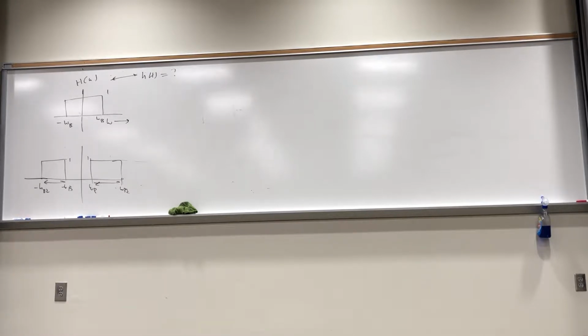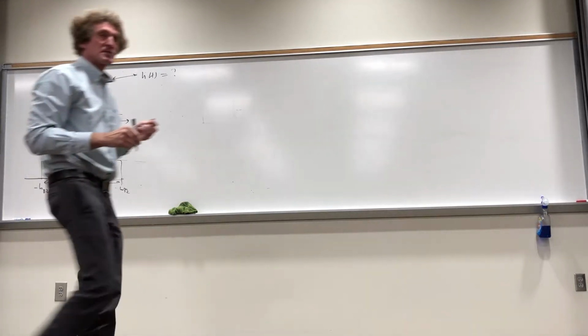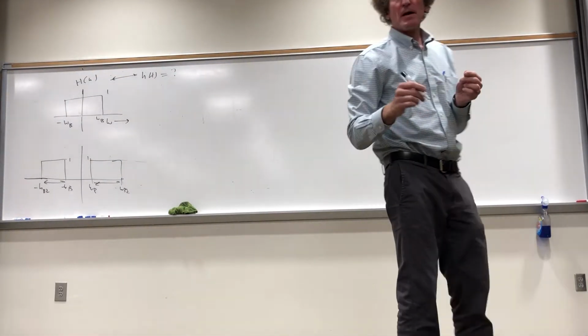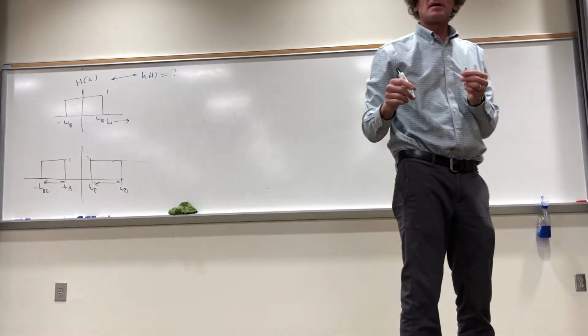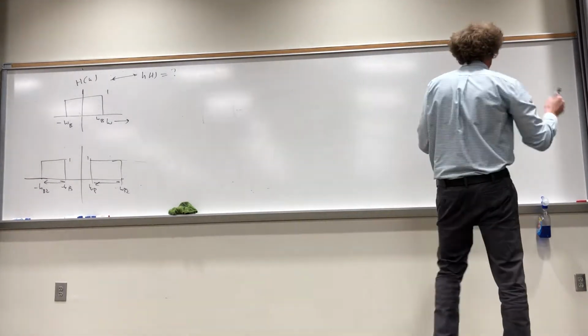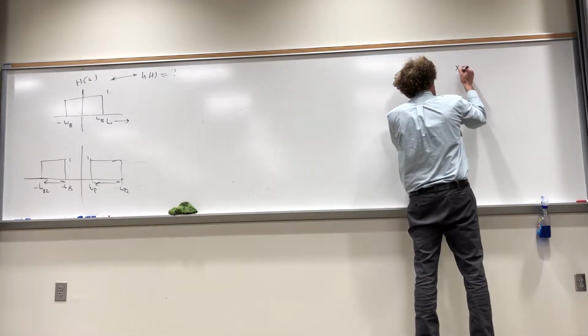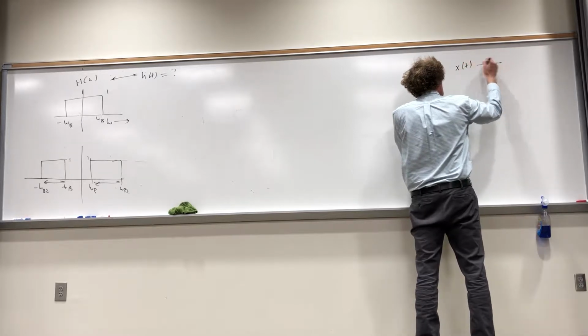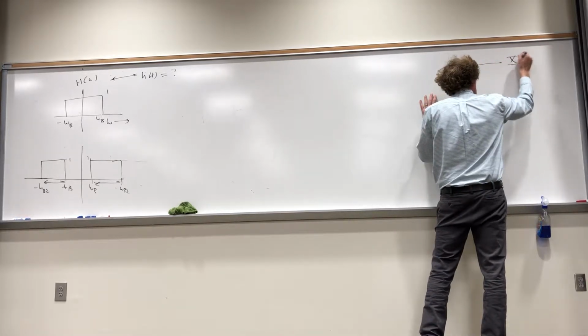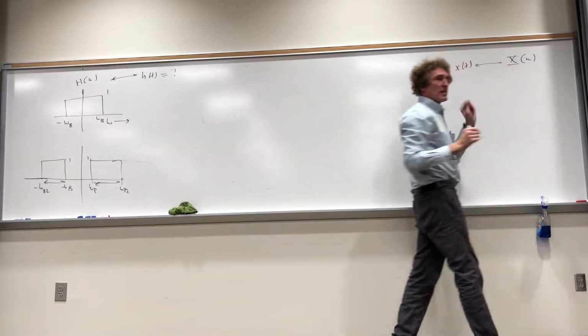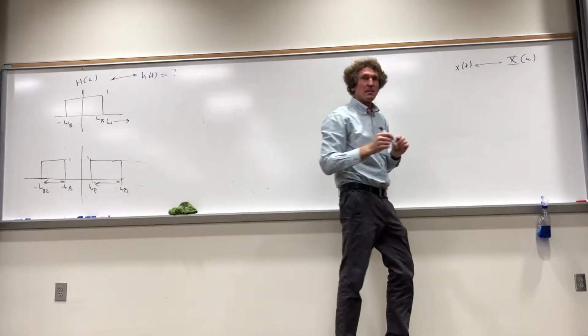What's the powerful theorem we use? Duality, right? Let me make sure everybody sees this. You'll be asked this many times. Trust me on this one. You're going to see duality coming at you many, many times. So we know what duality says: if you have an x of t and it goes to some capital X of omega, that's the mathematical form where the argument is omega.